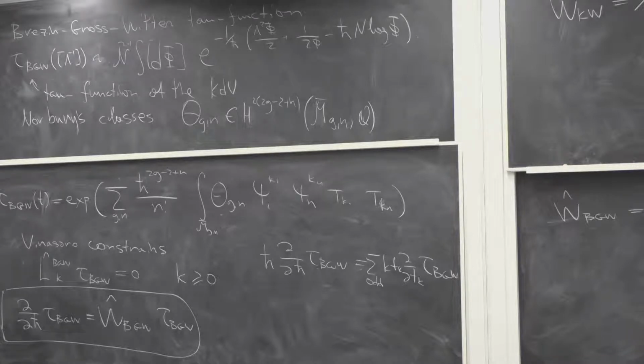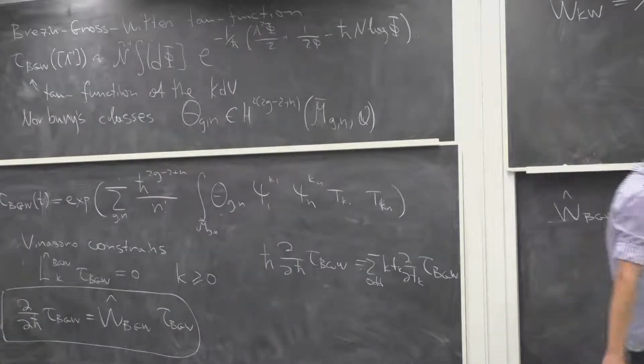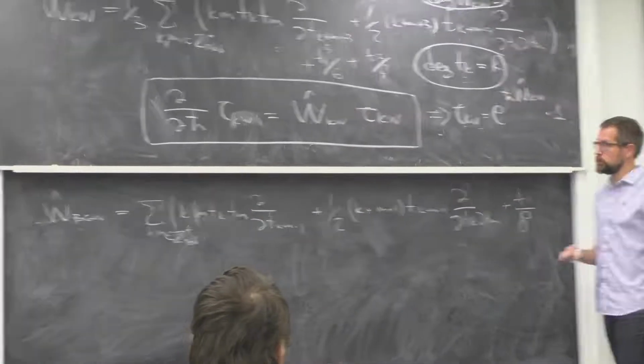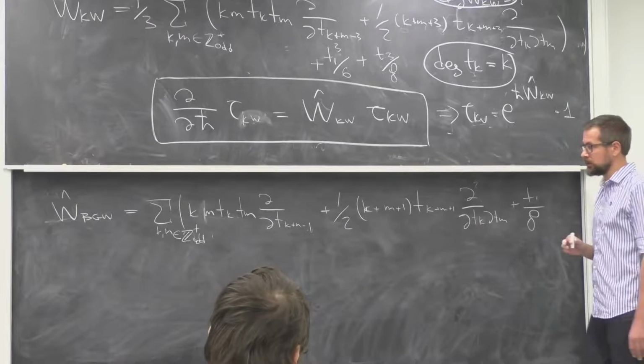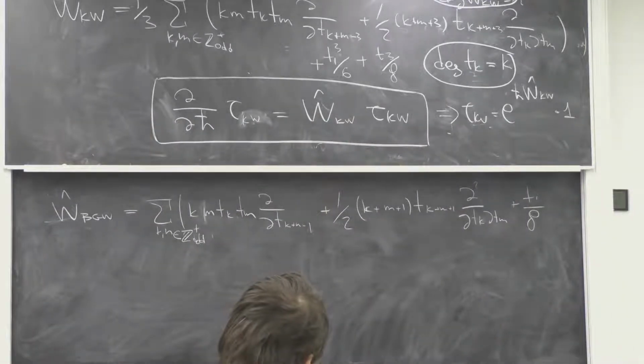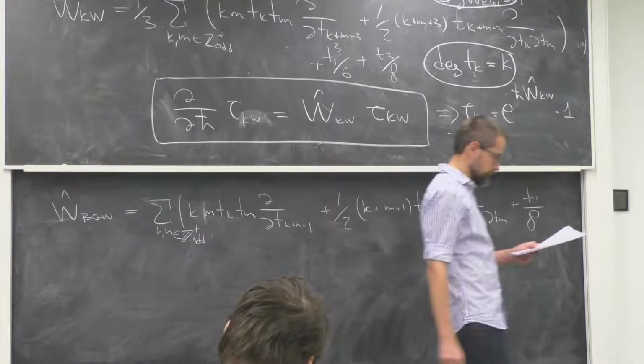Okay, so again we have some operator, and this operator again does not belong to the GL infinity algebra of symmetries of the KP hierarchy, but it's related to the symmetries of the BKP hierarchy.